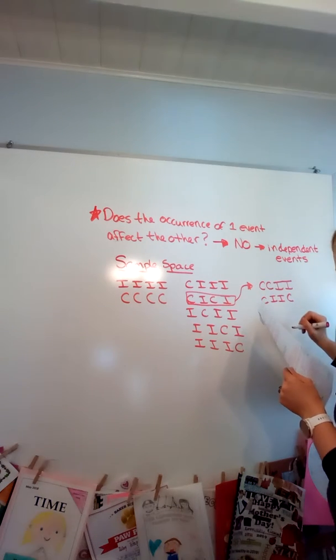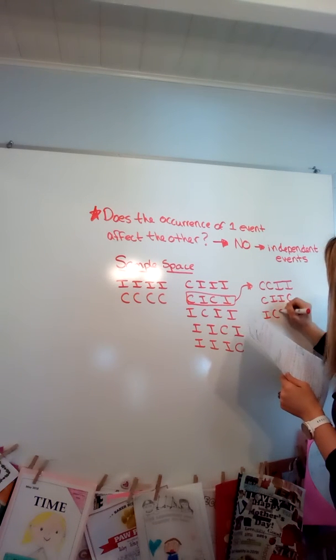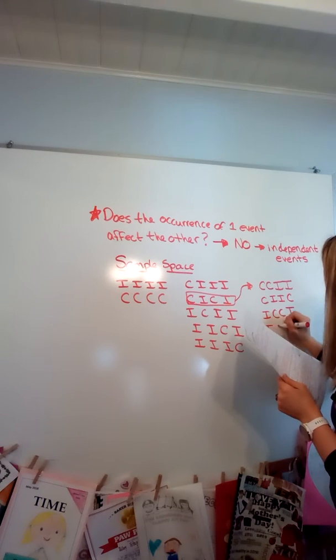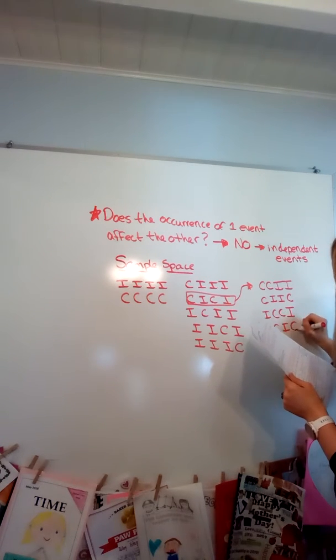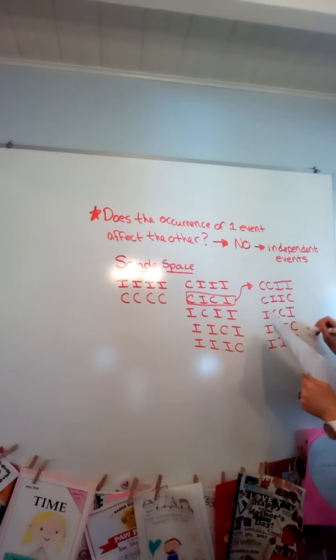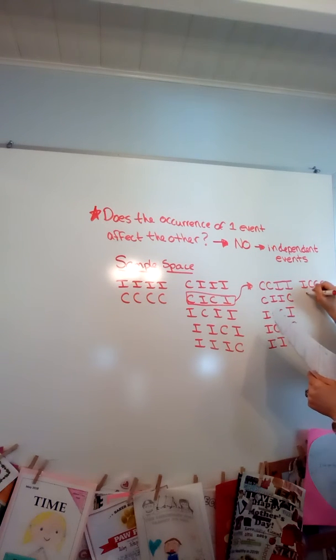Just want to make sure I don't miss any of them. Incorrect, correct, correct, incorrect, incorrect, correct, incorrect, correct, incorrect, incorrect, correct, correct. And then first one incorrect, all 3 correct. And then we'll just move the I 1 spot.